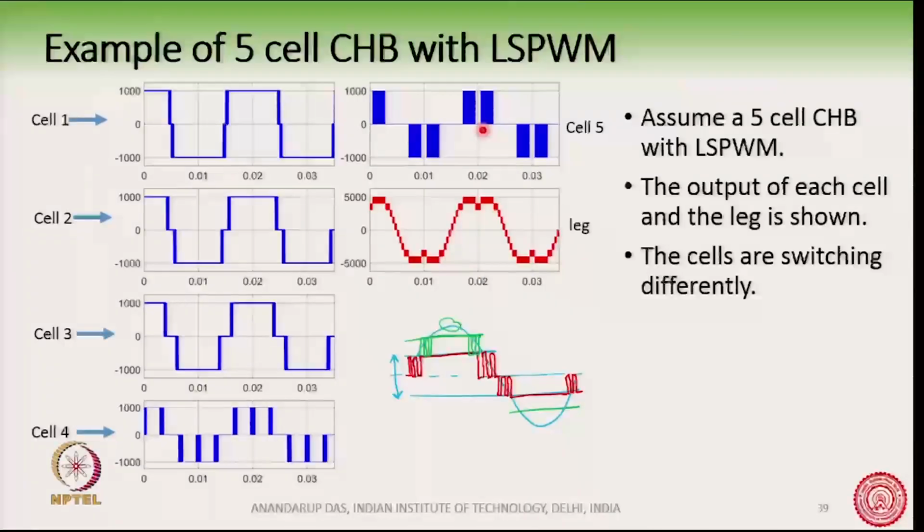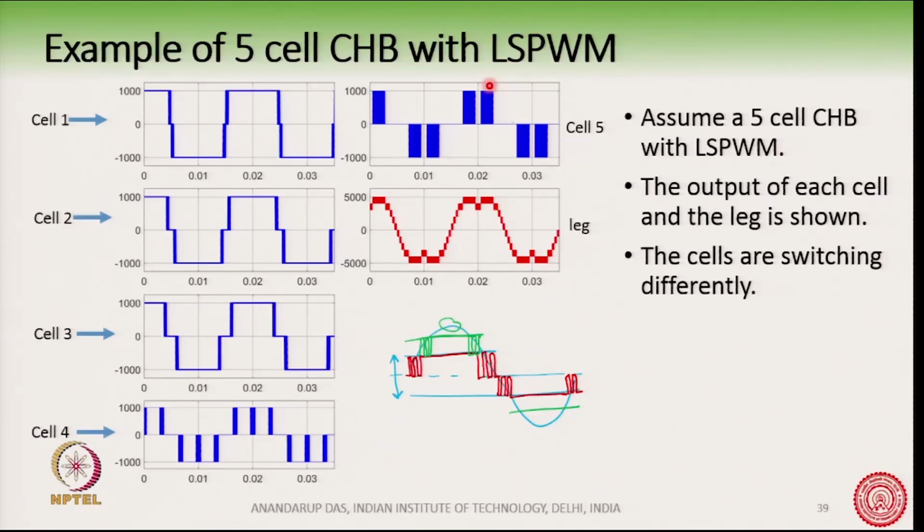Remember, the easy solution here is to rotate the patterns after a few cycles. Rotate the patterns, what does it mean? You see here, cell 1 has this pattern of waveform and cell 5 has this pattern of waveform, but after a few cycles we can interchange their pattern.